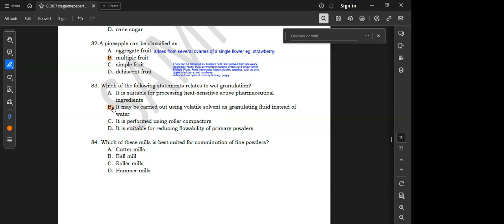Okay, Google says ball mills can be used for both wet and dry grinding and can produce very fine powders. Ball mill, hammer mill, and attrition mill are used for fine.